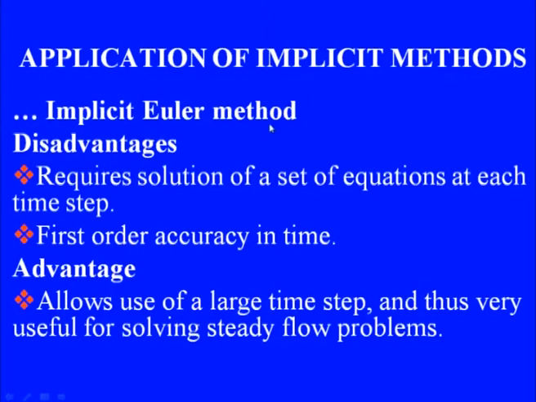Now as far as implicit Euler method is concerned, it has also got a very big advantage, that this method is unconditionally stable for any choice of delta t. So it allows use of a large time step, and thus it is very useful for solving steady flow problems.